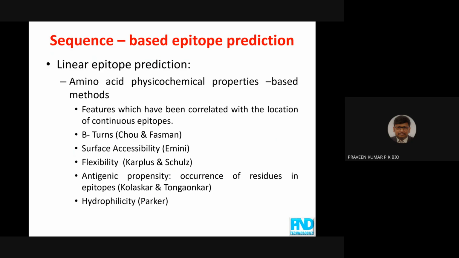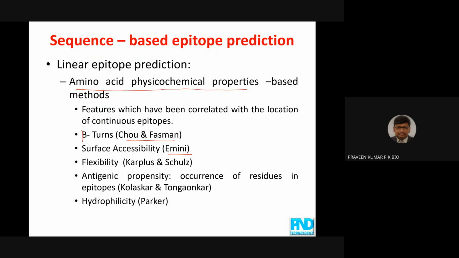Linear epitope prediction, if you look further, what else can we find? Generally, linear epitopes are predicted based on amino acid physicochemical properties, no doubt in that. But here we have subtypes. The tools use different algorithms and different logic behind them. For example, Chou and Fasman proposed an algorithm to predict epitopes based on beta turns, and Emini proposed a surface accessibility algorithm for predicting B cell epitopes.